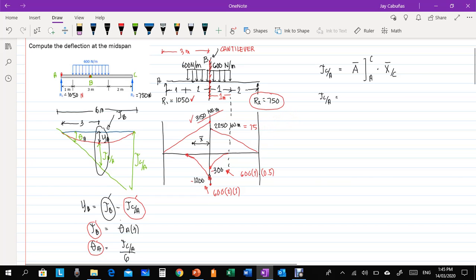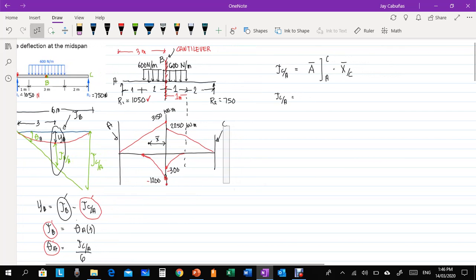We will delete these. Okay. So in that case, we take the moment from A to C. Okay, so compute for the area. All the areas.